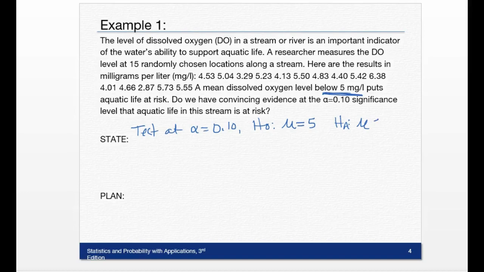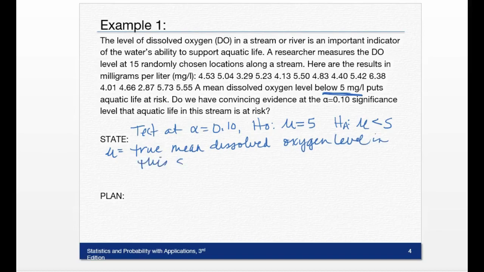Below 5 milligrams, so I say less than 5 milligrams, where mu is equal to the true mean dissolved oxygen level in the stream. All right, so we've identified our test, our hypothesis. We have identified the significance level, and we've defined a parameter.